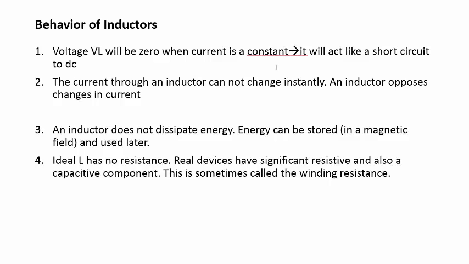The current through the inductor cannot change instantly. So remember, in a capacitor the voltage could not change instantly, but in an inductor it's the current that cannot change instantly. So we say that the inductor opposes changes in current.